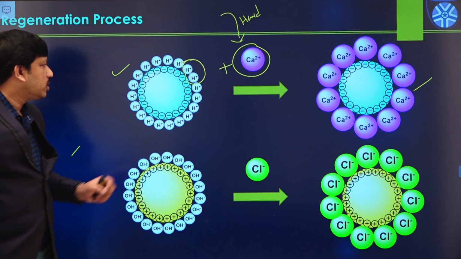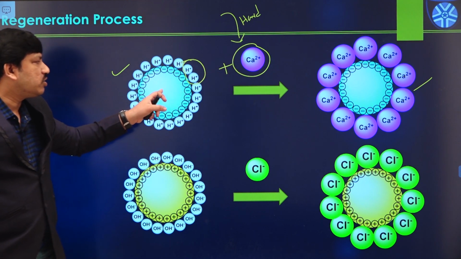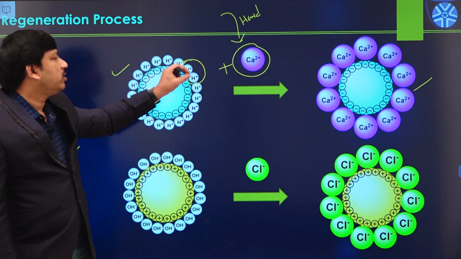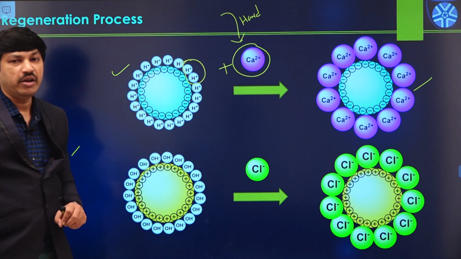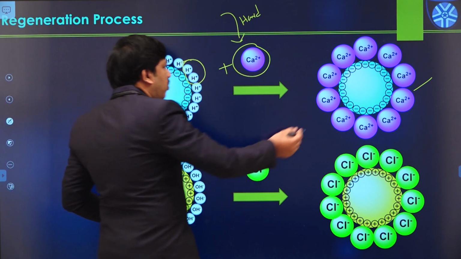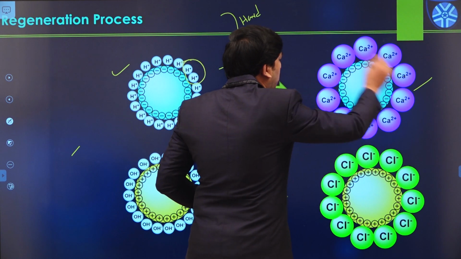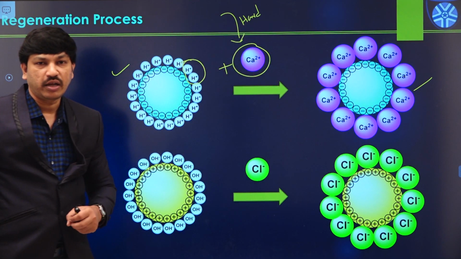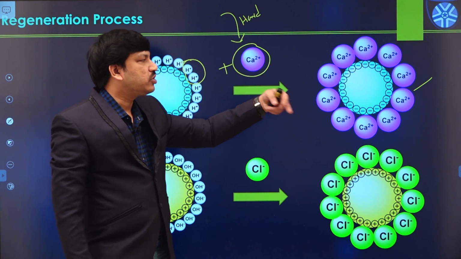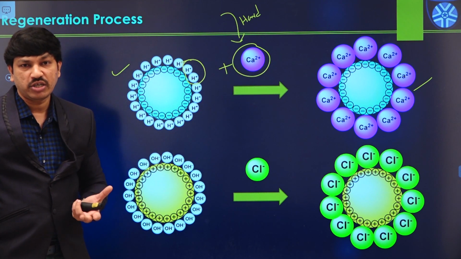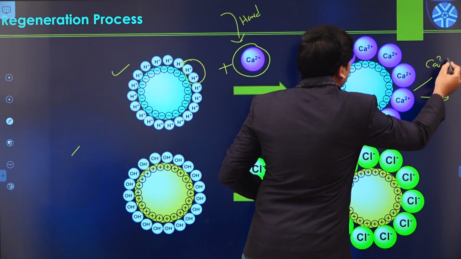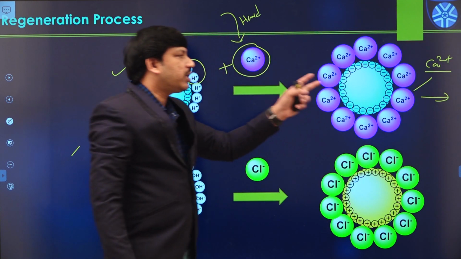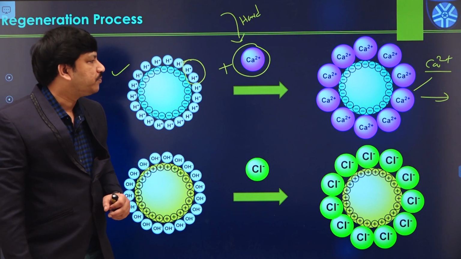So whenever calcium ions enter into the cation exchange resin, there is a release of corresponding protons into the water medium. But at a certain point of time, all the surface is completely occupied by corresponding cations. After that, there is no further exchange process. Yes or not? At this stage, if you provide one more calcium 2 plus ion, it cannot replace another Ca2 plus cation.